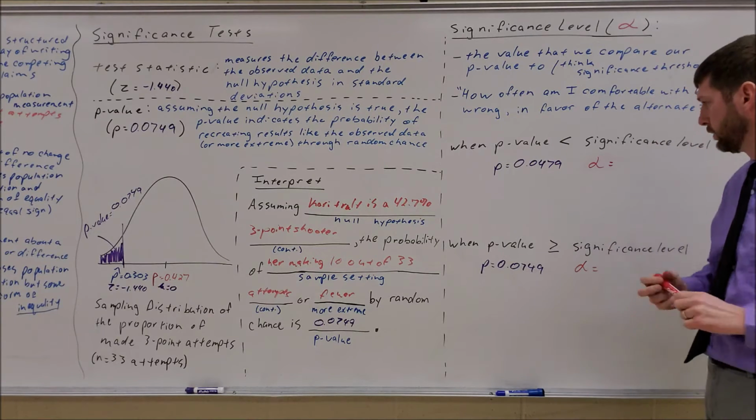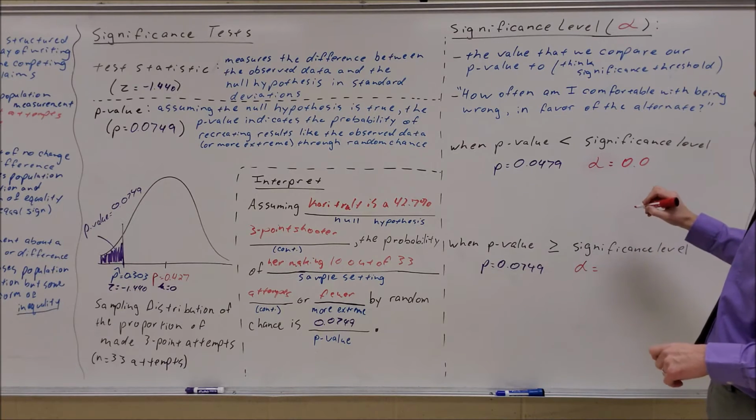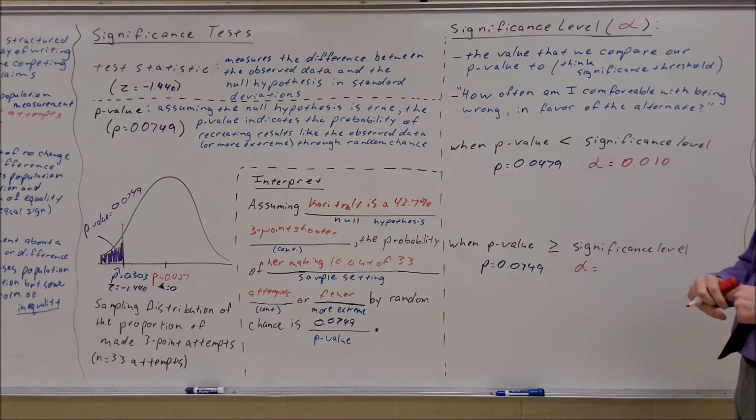So let's just pick a couple. Let's say that we picked a significance level of 0.10. Okay? 0.10 was our significance level.